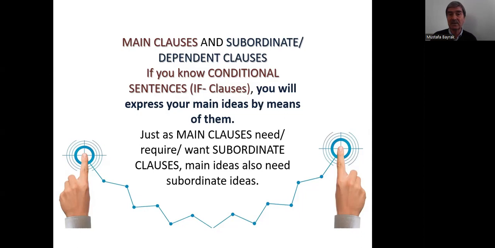We cannot feed it. We cannot develop our main idea without the subordinate ideas. Okay, if we don't have subordinate ideas, we cannot develop our main idea. Okay, this is also a fact.